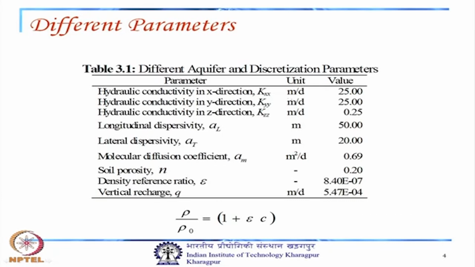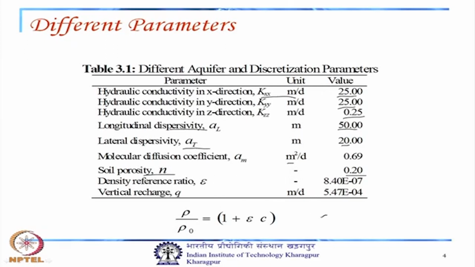These are the values for the hydraulic conductivity: 25 meters per day for x and y direction and 0.25 meters per day in z direction. Longitudinal dispersivity alpha L is 50 meters, alpha T is 20 meters, molecular diffusion coefficient is 0.69 meter square per day, soil porosity is 0.2, and density reference ratio.